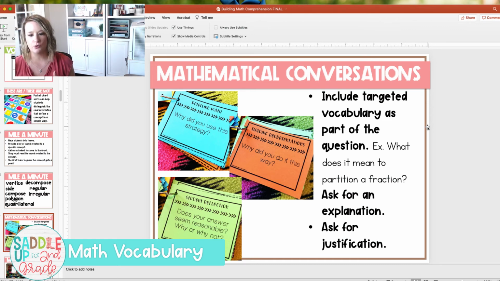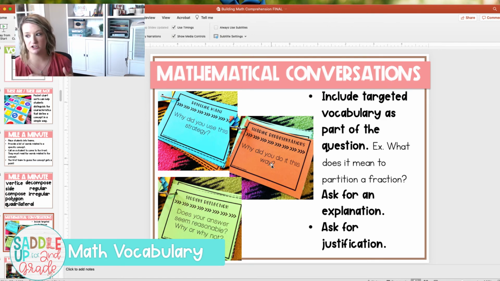When you are using comprehension question stems, make sure that you are using the targeted vocabulary word that you want to focus on in your question. Like here, my example on the screen says, what does it mean to partition a fraction? On this card example, you might say, why did you partition this shape that way?